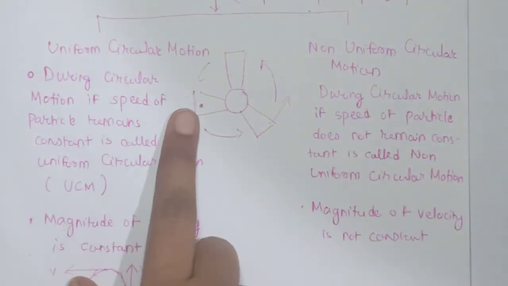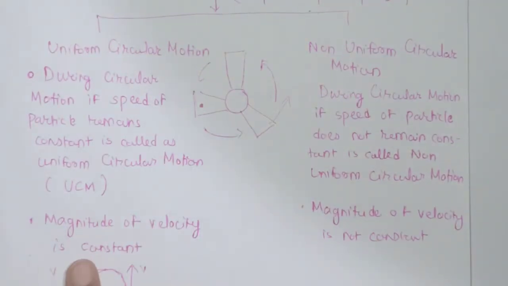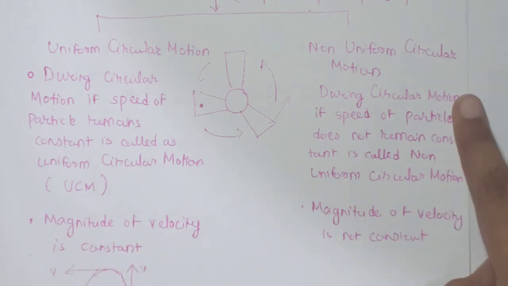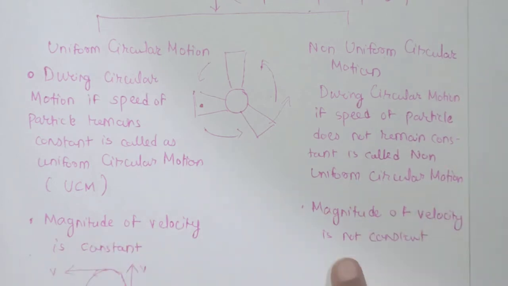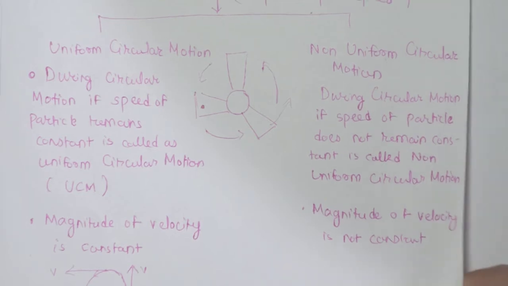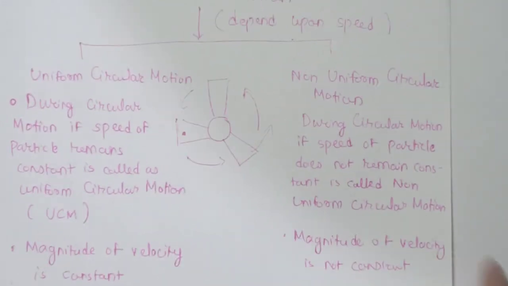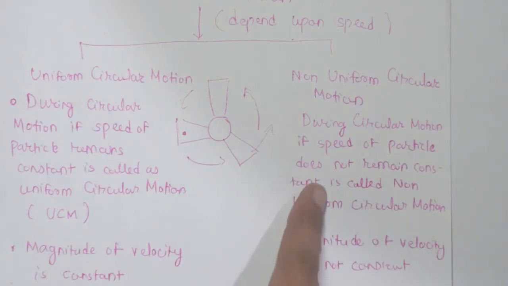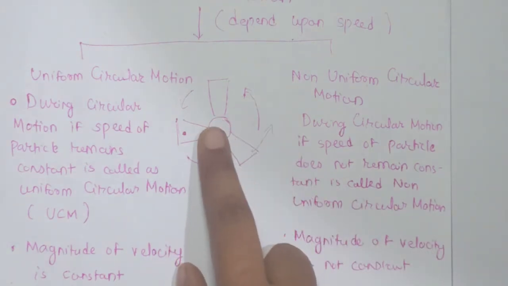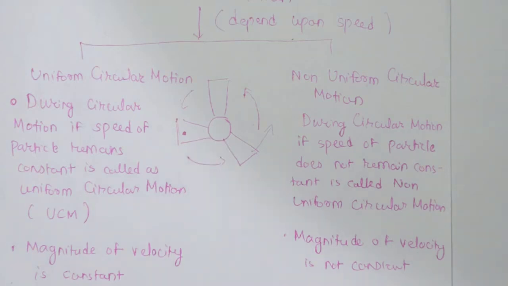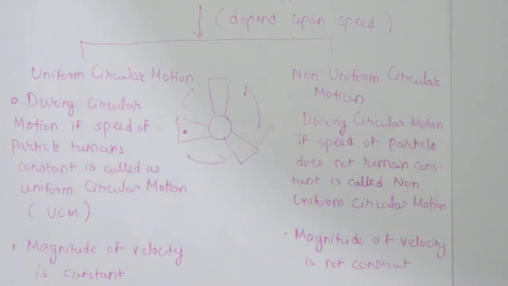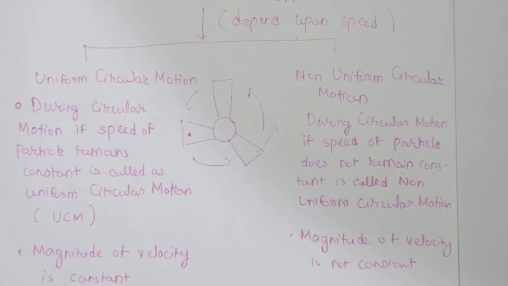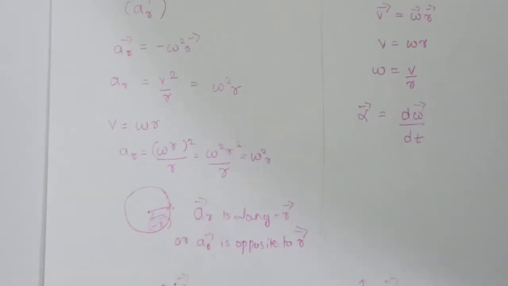In uniform circular motion, the speed, that is the magnitude of velocity, is constant, and in non-uniform circular motion, the magnitude of velocity is not constant. And what we have studied? The acceleration responsible for change in direction is radial or centripetal acceleration, and the acceleration responsible for change in magnitude is tangential acceleration.